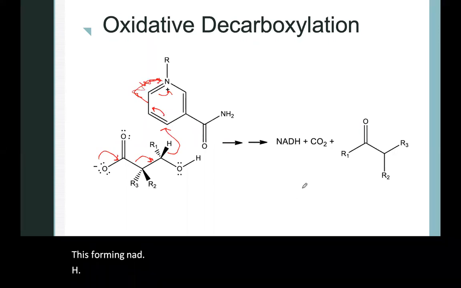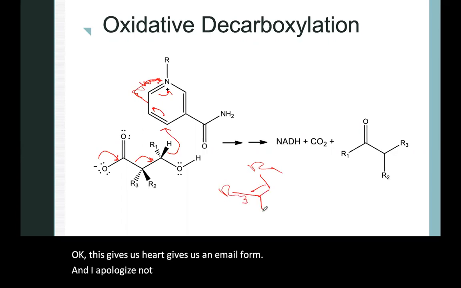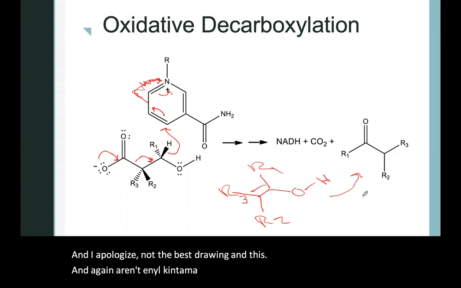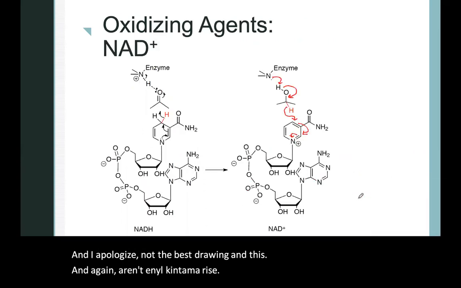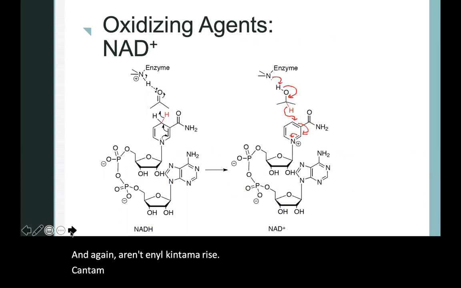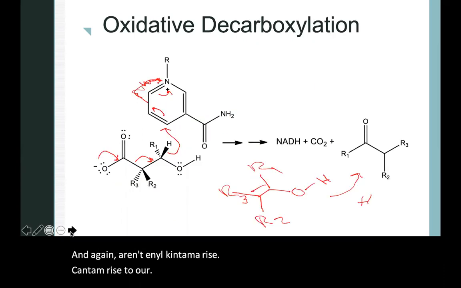Okay, this gives us an enol form. And I apologize, not the best drawing in this. And again, our enol can tautomerize to our ketone form.